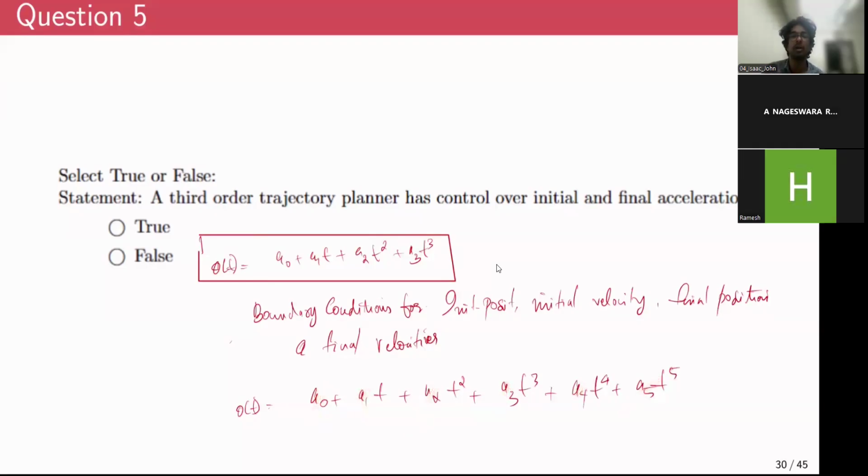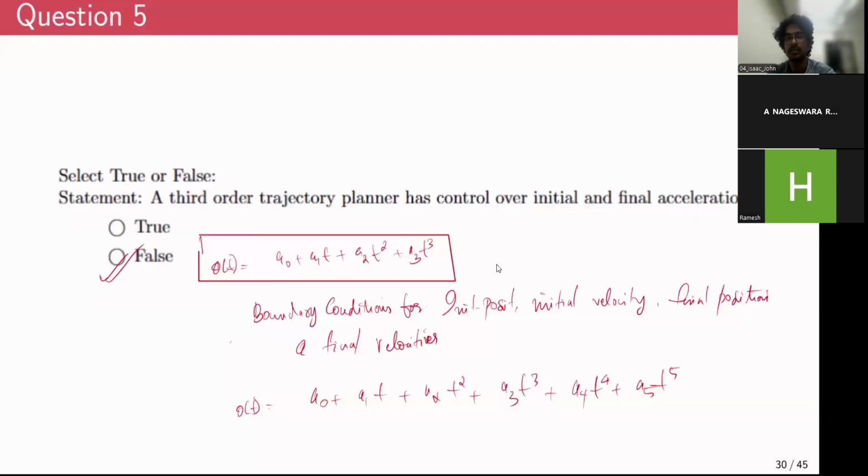So to have a fully determinate system of equations, we can have three initial conditions and three final conditions, right? We can have control over initial position, velocity, and acceleration. We can also have control over final position, velocity, and acceleration if we are using a quintic polynomial. But for a cubic polynomial, we don't have control over accelerations. So in that regard, the answer here would be false.